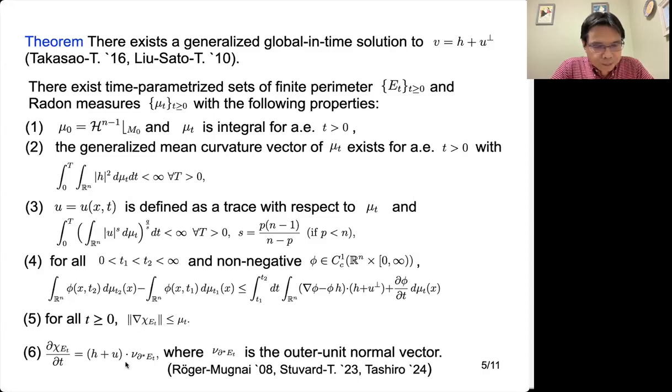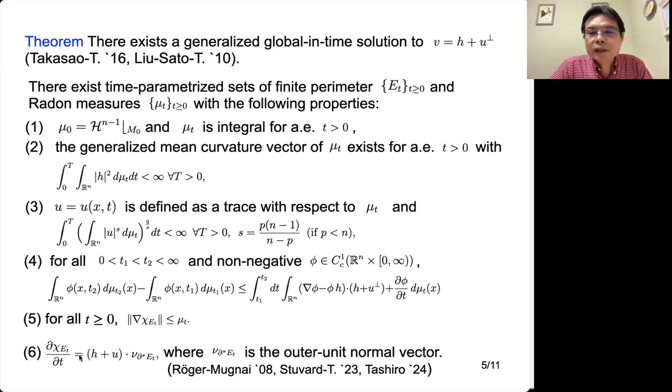In addition, and I'm sorry, this is a little bit technical, another motion law that's satisfied is in this sense: if you take the distributional derivative of the characteristic function of this moving domain E_t, that is equal to h plus u dotted with nu, where nu is the outer unit normal vector, a unit normal to the set of finite perimeter.